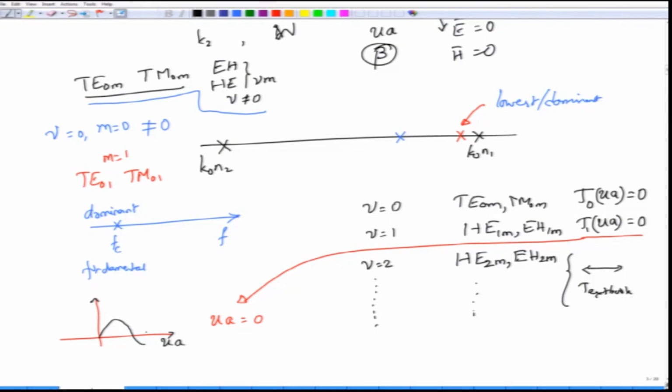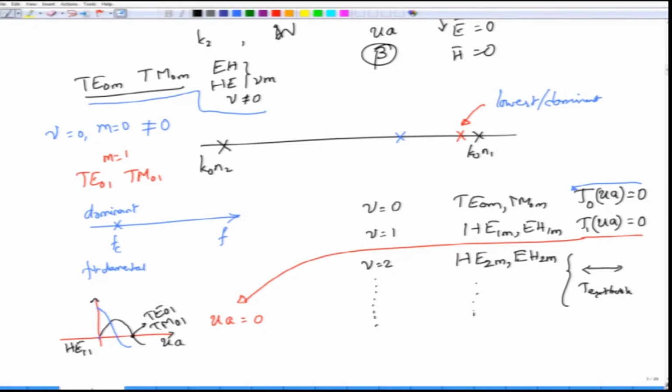J0, on the other hand, would go like this. So you have to at least reach the cutoff condition so that the corresponding mode can propagate. That happens at the earliest for the HE11 mode, whereas it happens at a later stage for the TE01 and TM01 modes.